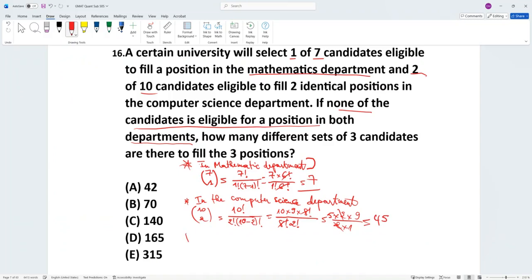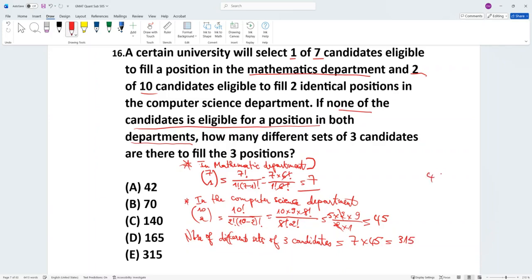So basically, the number of different sets of three distinct candidates is equal to 7 times 45, which is equal to 315.